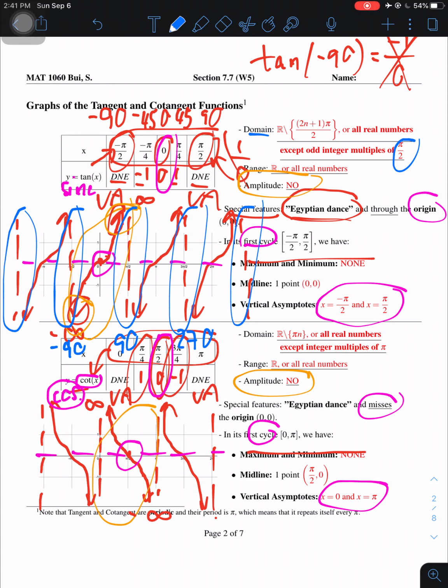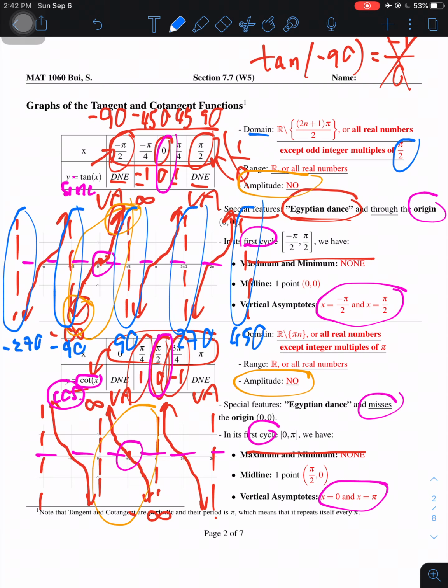And the next one in here is 270. The next one in here is 5 pi over 2, so it's 450 degrees if you want to calculate it out. And on this one in here, we get negative 270 degrees.